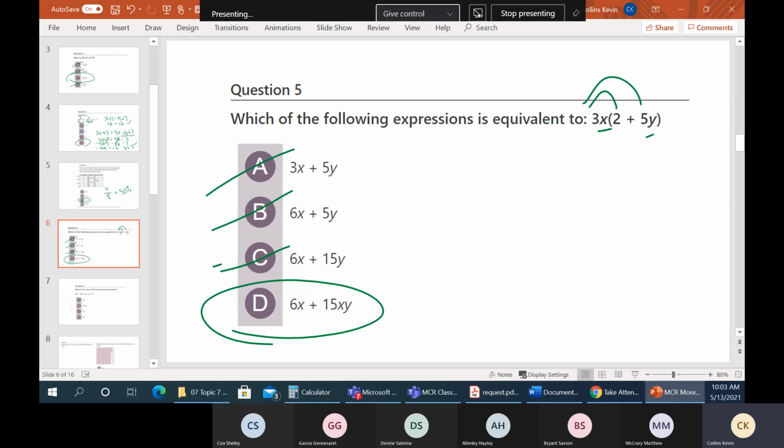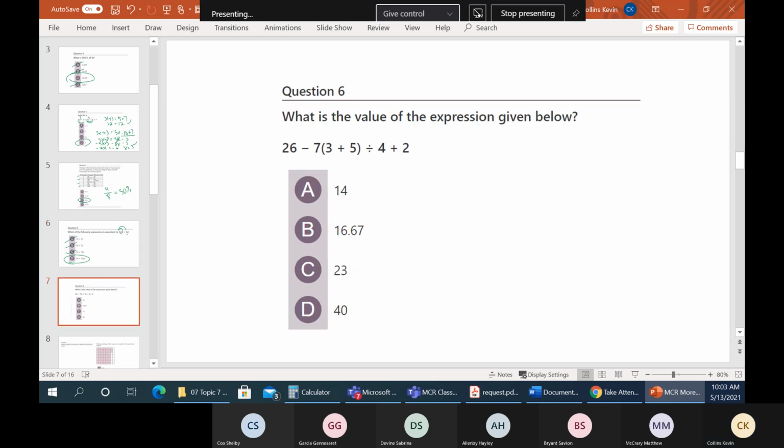Let's go ahead and check out another one. Okay, so this is an order of operations. Let you guys work on that for a little bit, and then we'll talk.